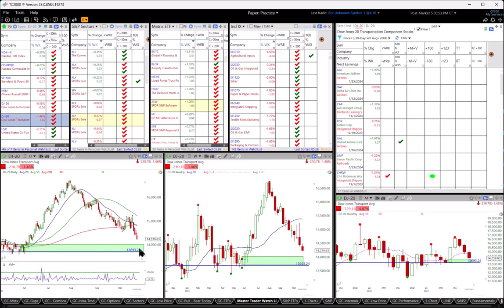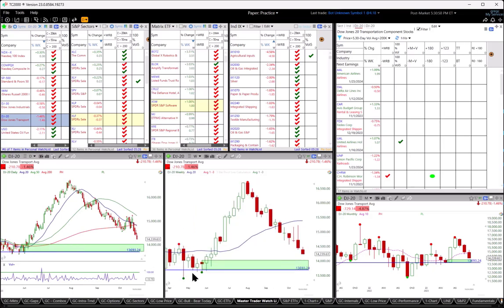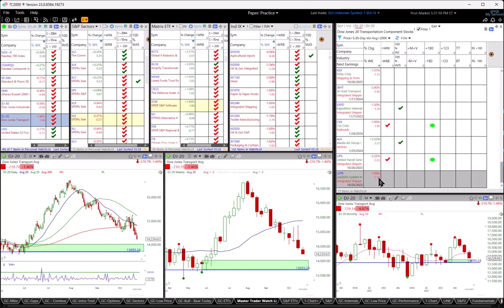When prices get down to this support, if it forms, say, a pattern like this where there's bottoming tail bars and you get a range expansion bar, that's when it's going to be able to transition back up again. So you need to do the homework, and part of what we do at Master Trader is help you do the homework. We're doing the homework.